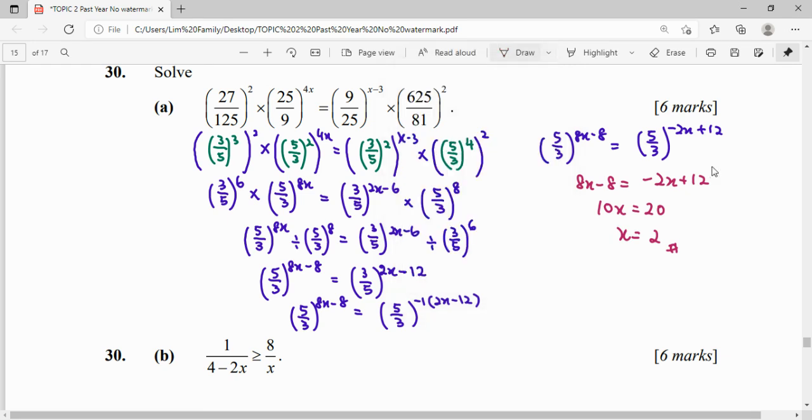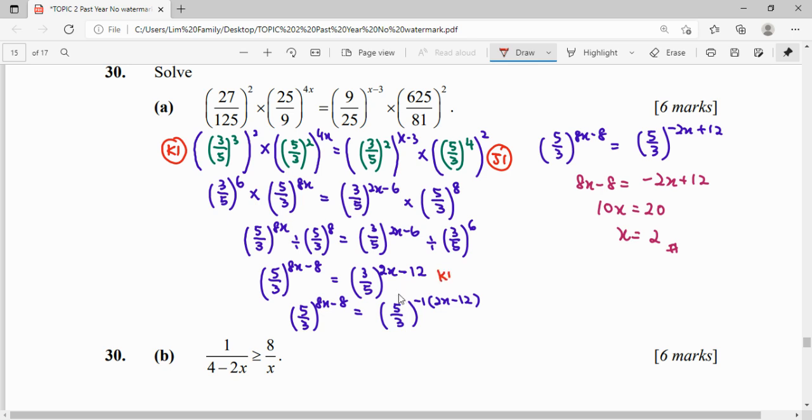So we see what concepts we need here in order to solve these questions. For the first one, the marks are for the concept of changing to the simple base. When you can change everything to the simple base, you get another mark for your answer. Then we look at how you simplify to get a single base, where you get the 3 over 5 base and inverse it.